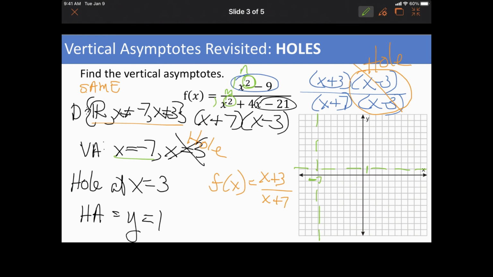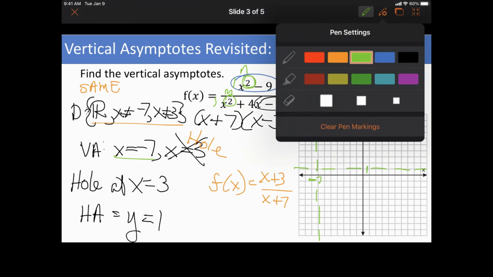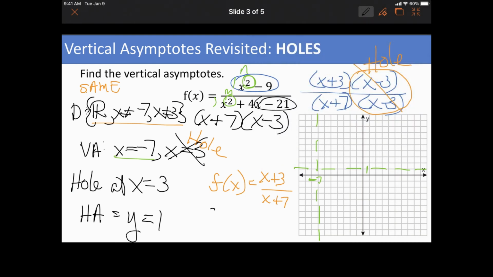I'm going to find my y-intercept. You're like, why? Because I need a point. So f of 0, and I'm going to use this, is going to be 3/7, which is less than 1, which is under here. All right. So now I have a hole at x equals 3, which is over here, 1, 2, 3.